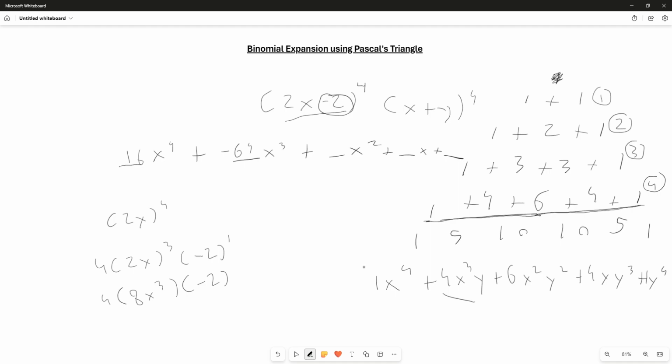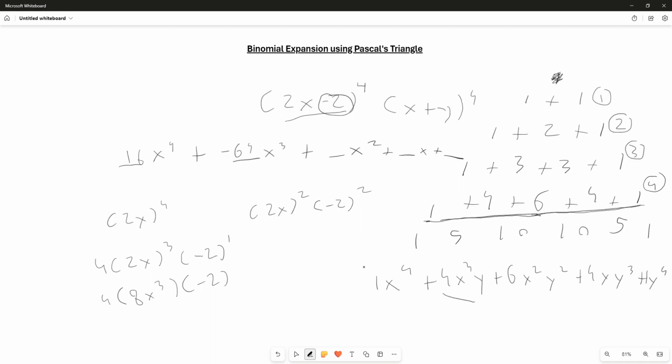And most people would just write that as 16x to the fourth minus 64x to the third. But yeah, so now we have 6x squared y squared. So we're just going to keep substituting like we have been doing. So we have 2x to the power of 2 times -2 to the power of 2.